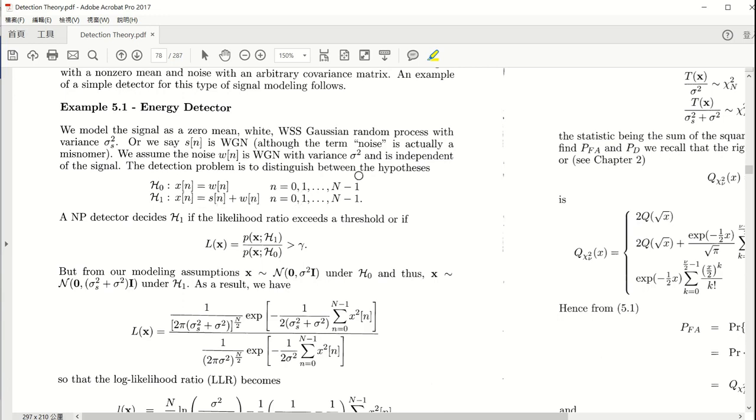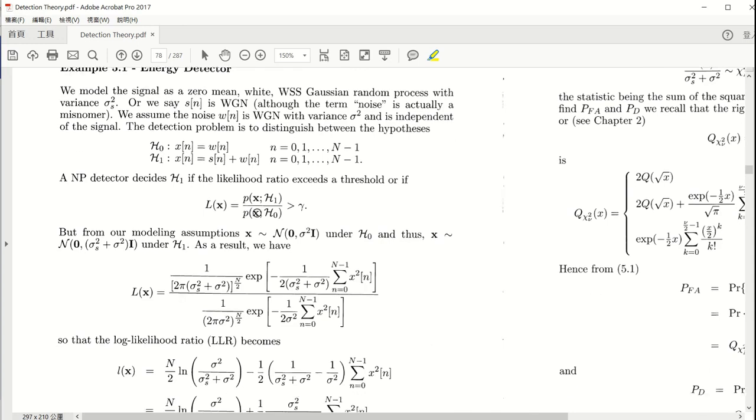In the time horizon, we take multiple samples from 0, 1 all the way to n minus 1. There are n samples. Some people will index from 1 to n. That is the same thing. Don't get confused because that is just a minor index difference.